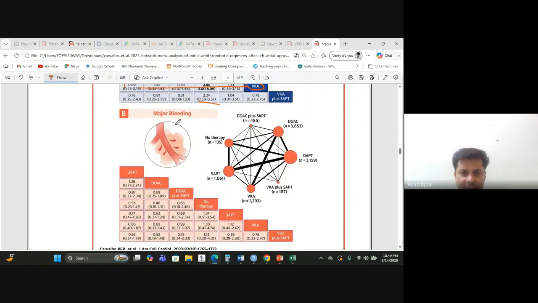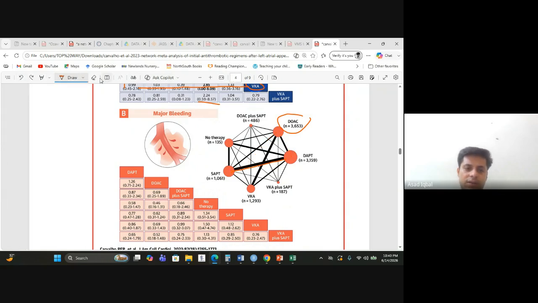Yeah, here it is. Here, SCPT versus this, and also, no. Like, if you look at this, this is dual oral anticoagulant, this, and now this. Let me redo this.